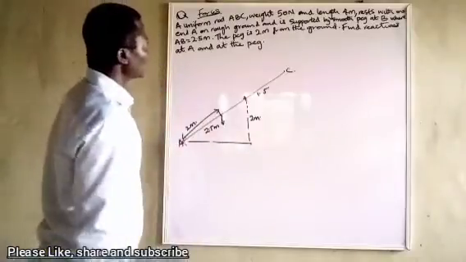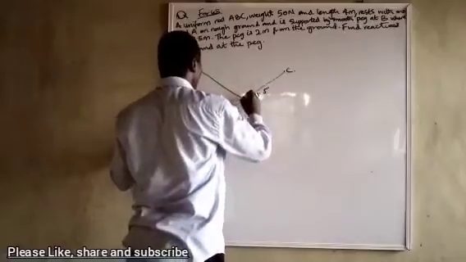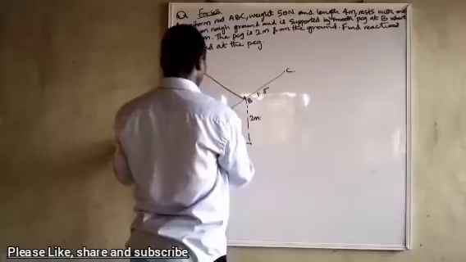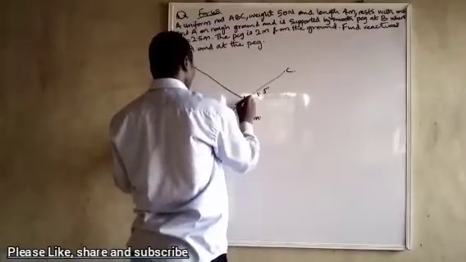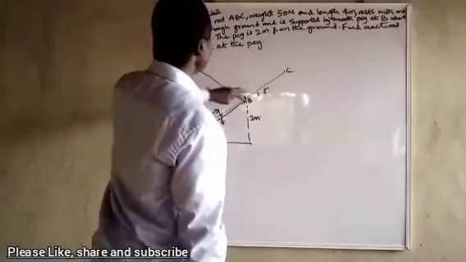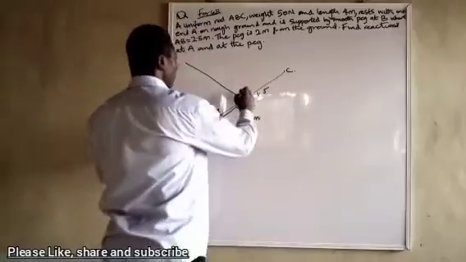Fine. So the smooth peg will give a perpendicular reaction like this. So this is B. And from this place to this place is the 2.5. We are now asked to find the reactions at A and at the peg. So at this place, we have this.